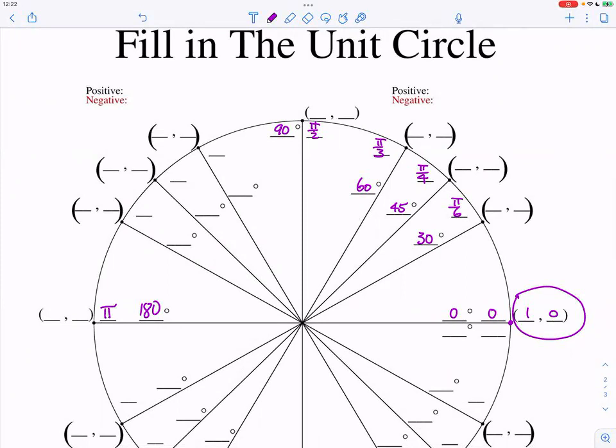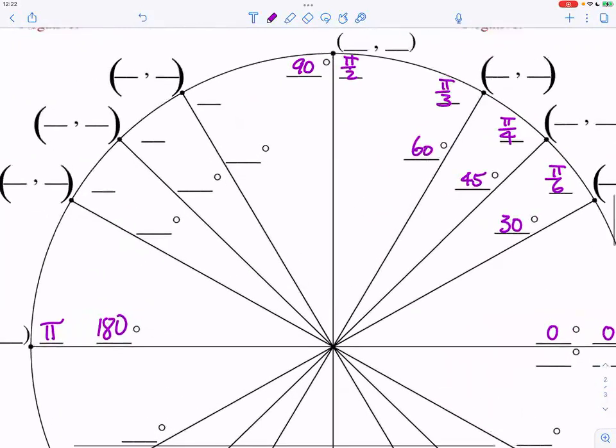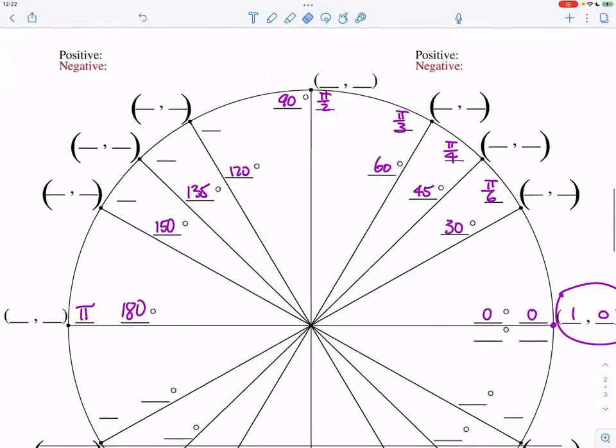Now, what about these 3 angles? Well, this is 30 degrees, right? So this will also be 30 degrees. So it'll be 150, 135, and 120. So I'm going to let you write out these angles.